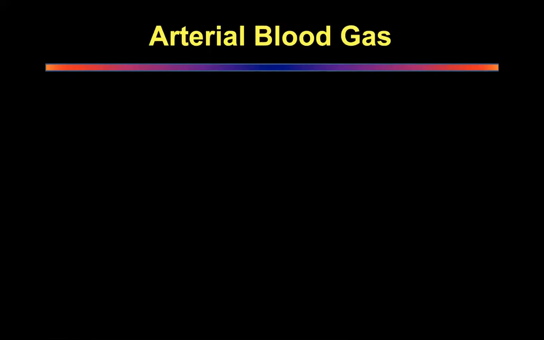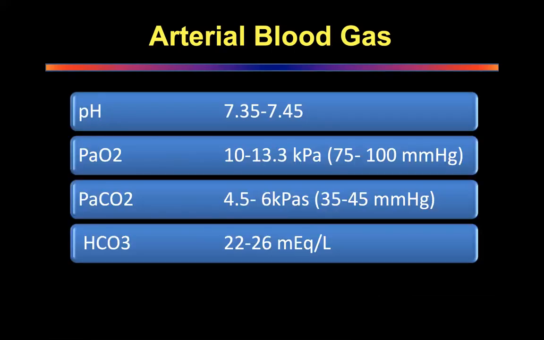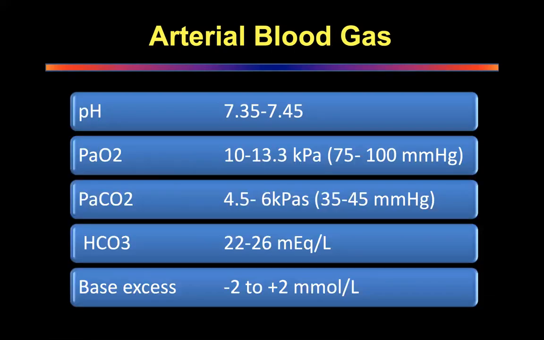Just for completion, I'm going to talk about the ABGs, because we should do ABGs in these patients. They don't give you a good indication, but they do help you understand which patient will get into trouble or not. Particularly when I'm in a borderline situation, I will sometimes use ABGs to give me an idea of what to expect post-operatively.